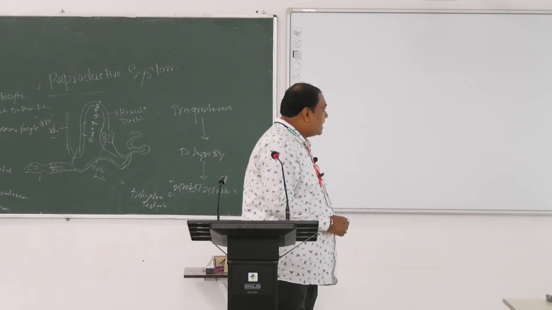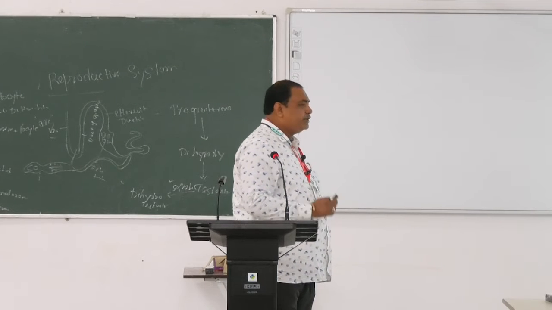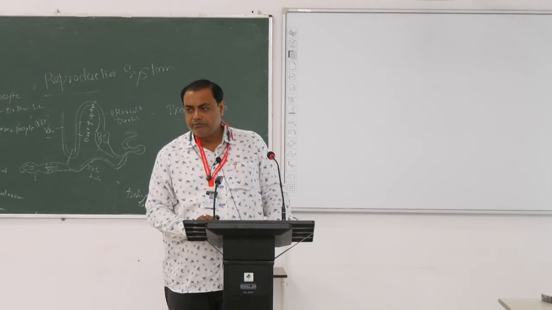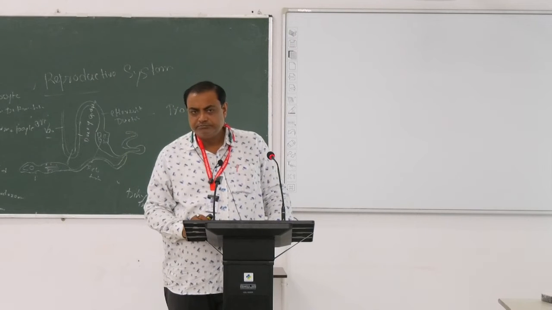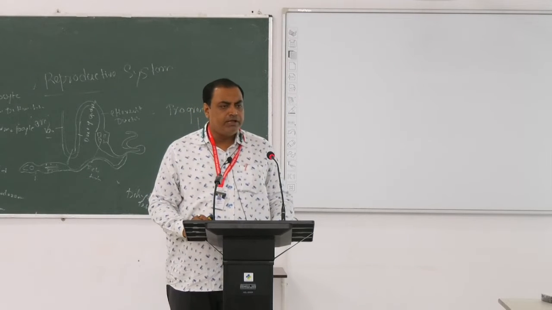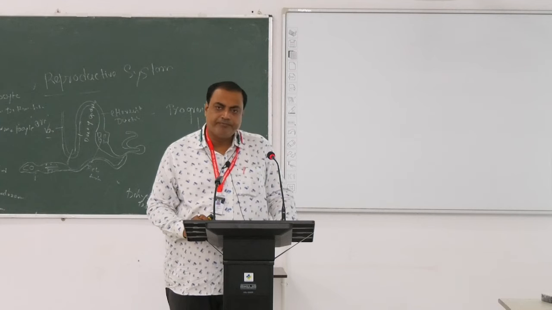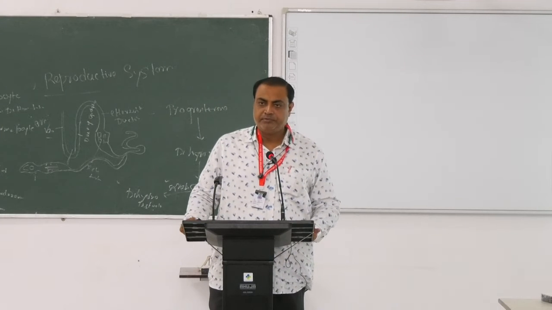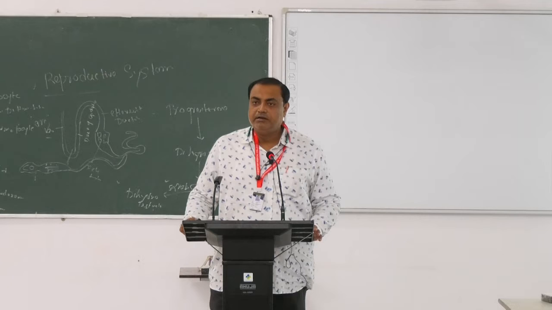Next, assembling the western blot sandwich. What is this sandwich? What do you mean by western blot sandwich? Suppose we take a protein A. We need to find an antibody which is anti-A.